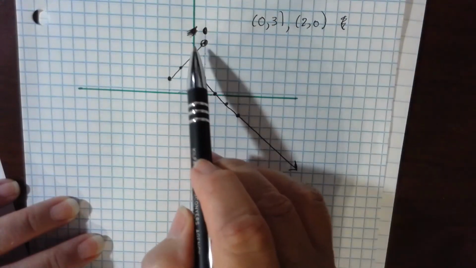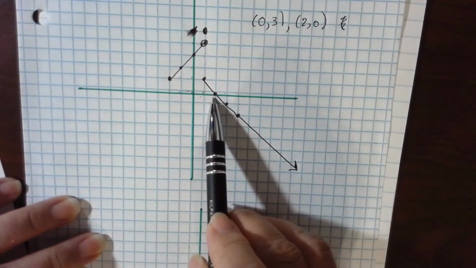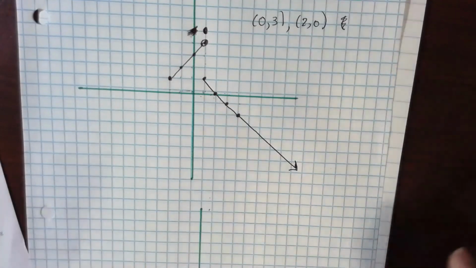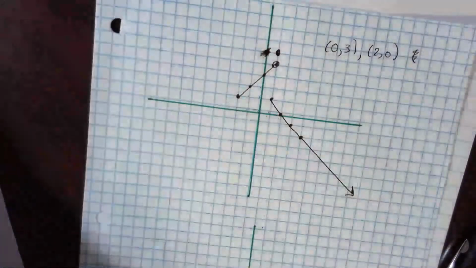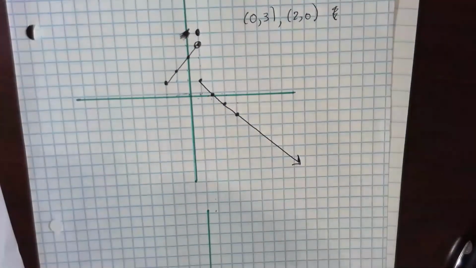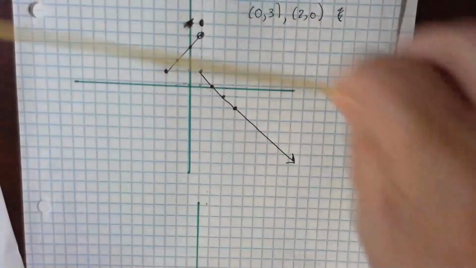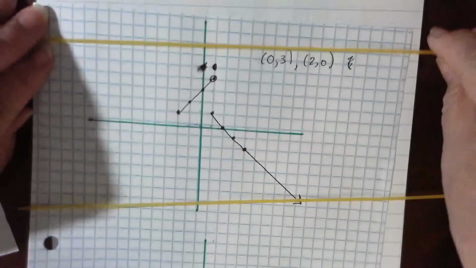So I have this y-intercept and this x-intercept. Now, for the range, can I box it in? Can I say it's between here and here?